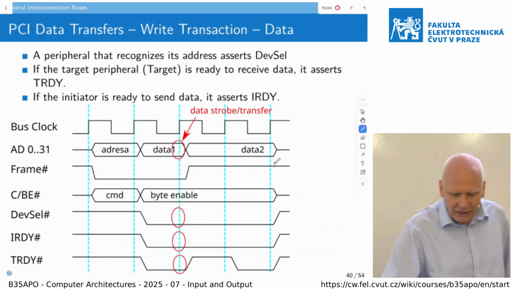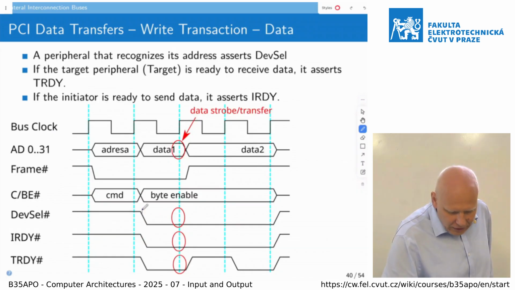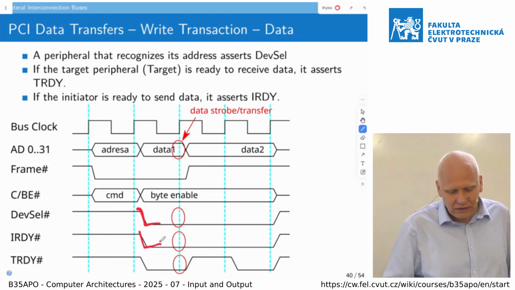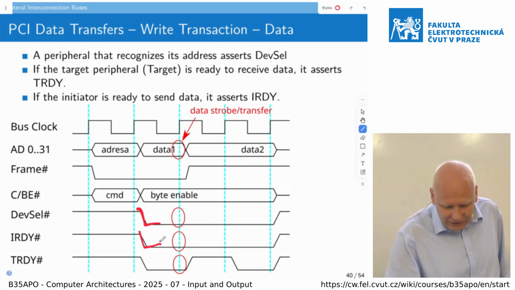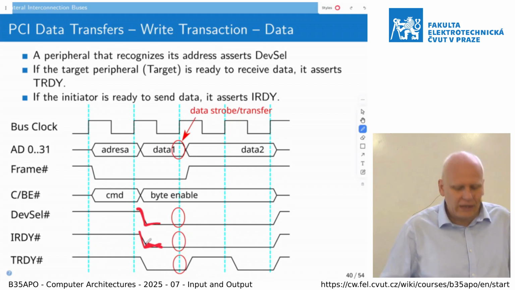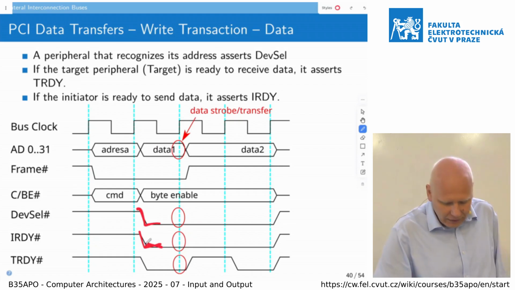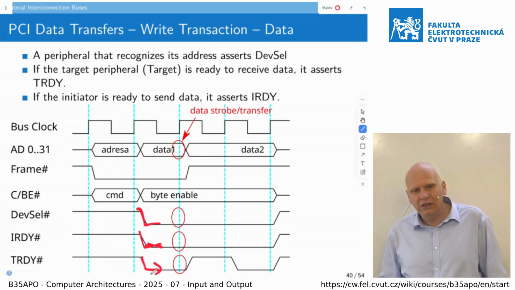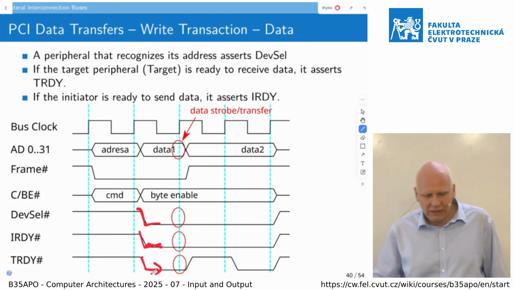So basically, if the device responds, okay, I am selected, the initiator is the one who sends the data in this case, or who controls the bus, addresses the peripheral, and says, okay, the initiator is ready, and the target informs, okay, I am ready for the transaction for the data.